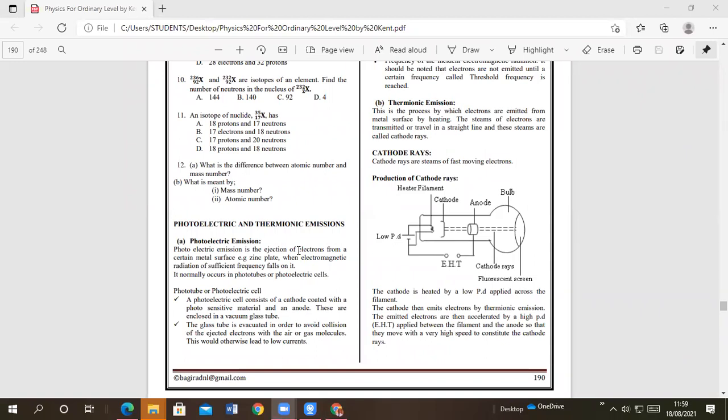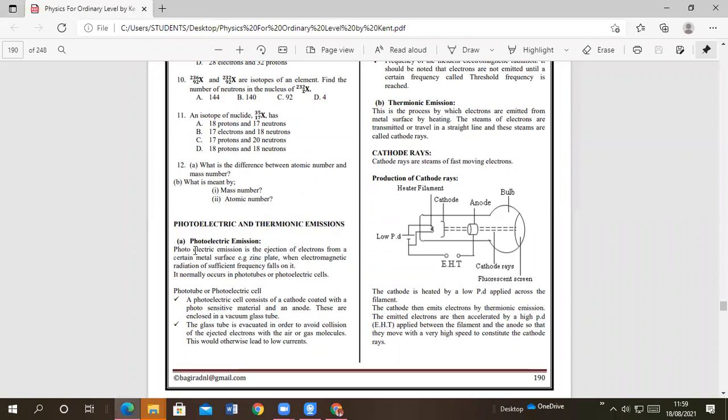So whenever light is incident on a given metal, zinc as a metal, electrons will be emitted. I don't want you to use the word produced. I want you to use physics terms. So electrons will be emitted from that metal surface, and these electrons are negatively charged.